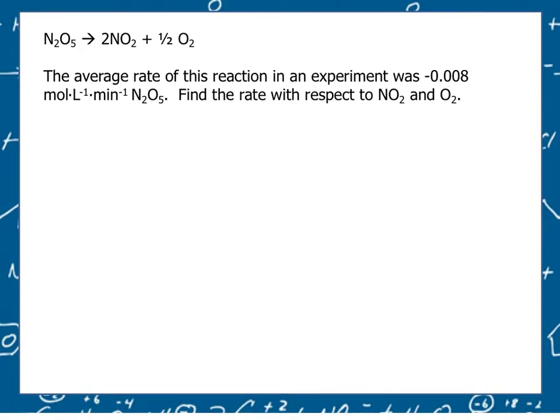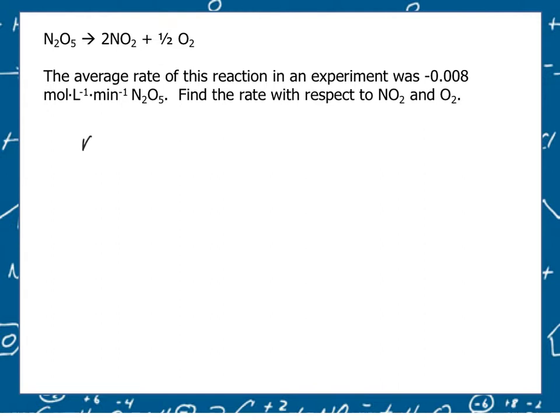So now we'll start wrapping up here and talking about measuring the rate of reaction. So I have this sample reaction: N2O5 goes to 2 NO2 plus a half an oxygen. And we find that the rate of this reaction was 0.008 moles per liter per minute. Let's think about this unit.